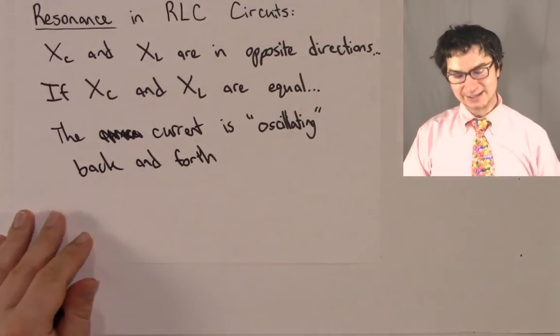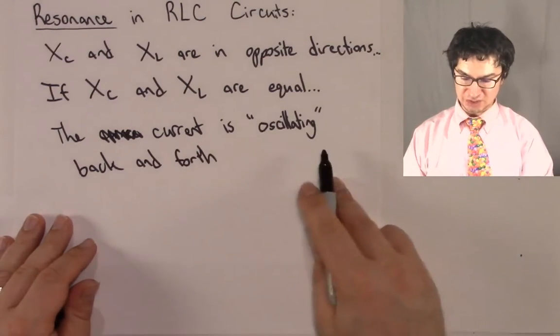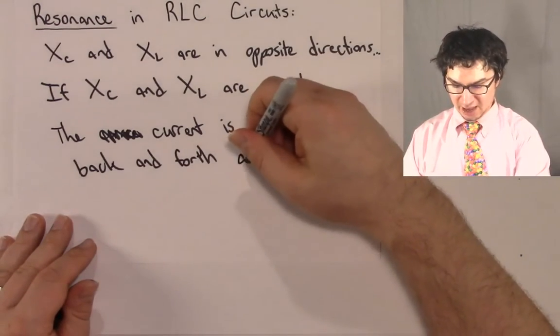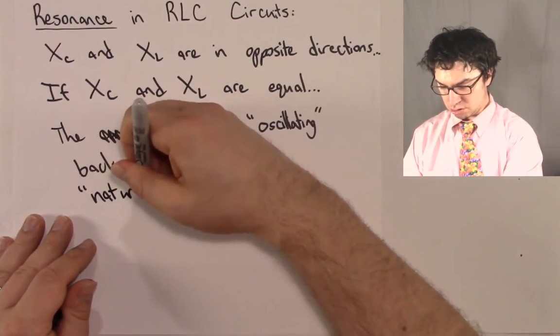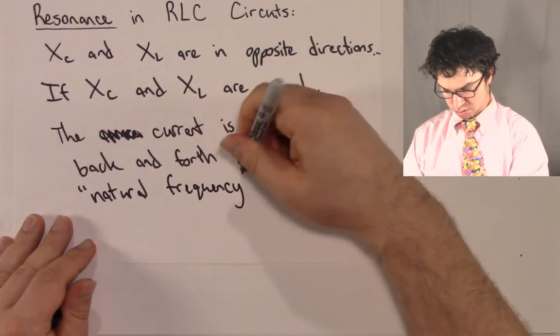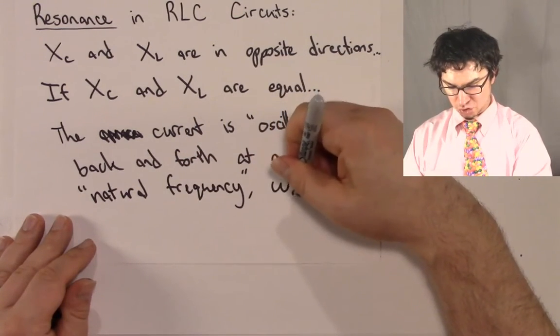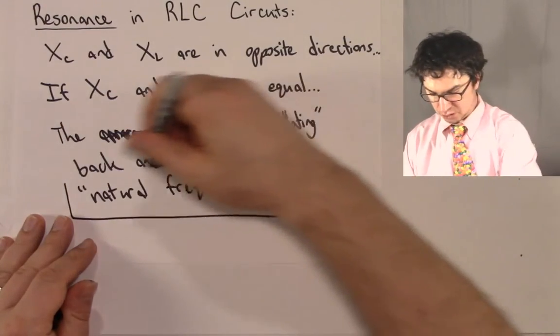And it oscillates at what's called a natural frequency. So the current is oscillating back and forth at a natural frequency omega naught. So this omega naught is very special.